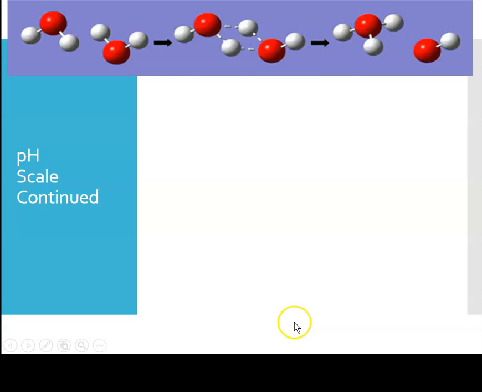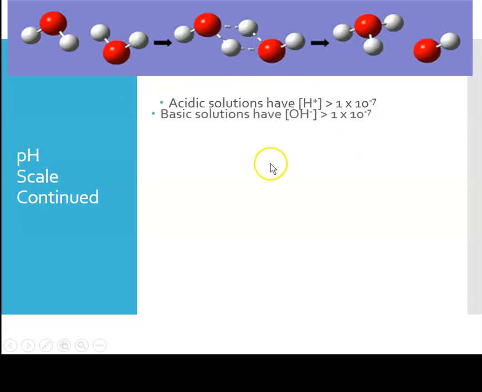Okay, and here we go. Acid solutions have hydrogen ions with a concentration greater than 1 times 10 to the negative 7.